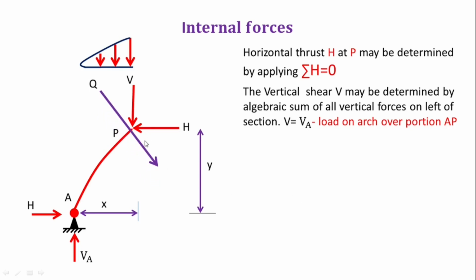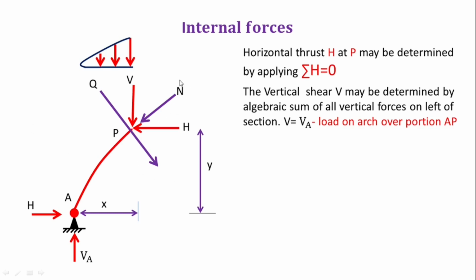Now at this point P, the radial shear Q is acting, and also the normal thrust N is acting. These two forces, Q and N, are the internal forces. Our aim is to find Q and N, because H we can calculate directly by the sigma H condition, and V by the algebraic sum of the forces on the left of this section.